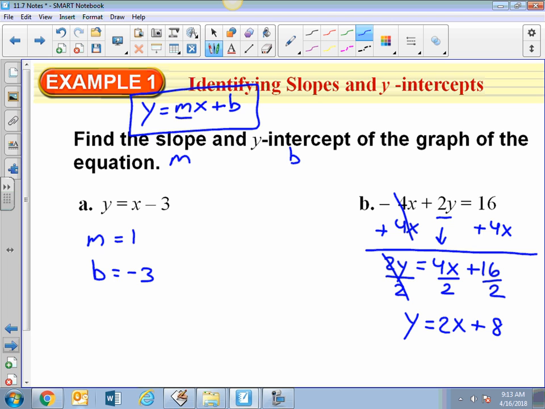At that point, you can identify the slope, which is 2. You can also identify the y-intercept. And notice how I am using the letters that they stand for, which is important. So we do have a slope of 2. We also have a b that equals 8, which is our y-intercept.